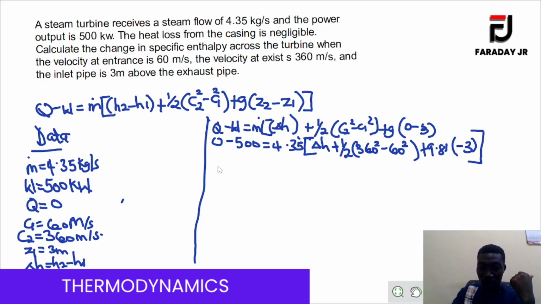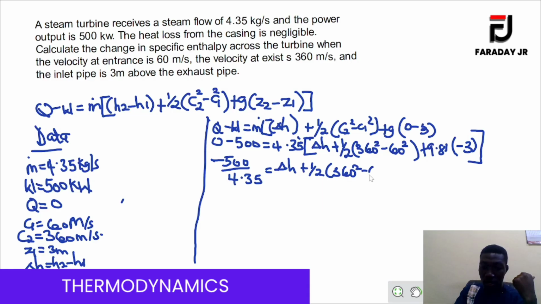So we're going to have negative 500 divided by 4.35 is equal to change in H plus half of 360 squared minus 60 squared, plus 9.81 multiplied by negative 3.